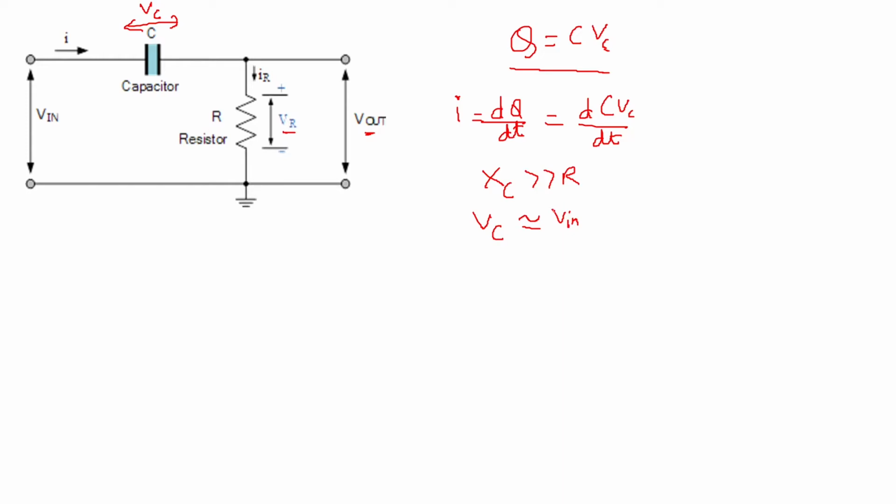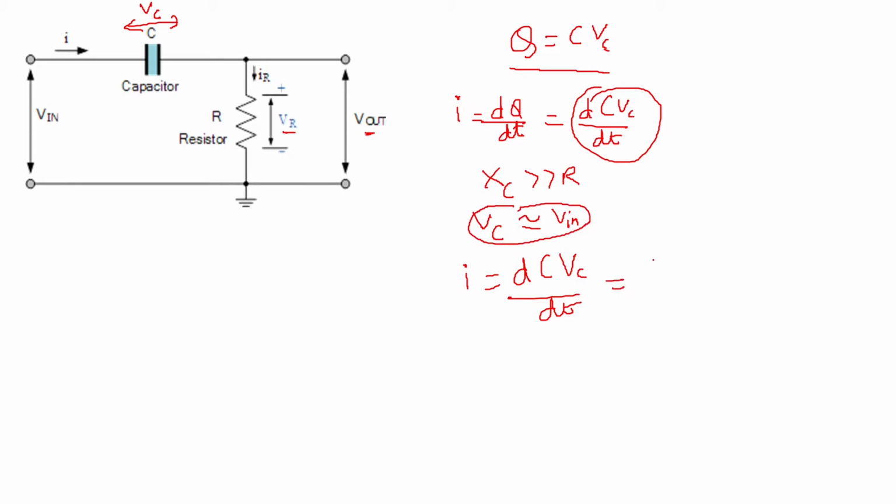Now, if you take the relationship for I, we know that I = d(C VC)/dt from this equation. Since VC is approximately equal to Vin, as we have shown here, this can be written as C dVin/dt.